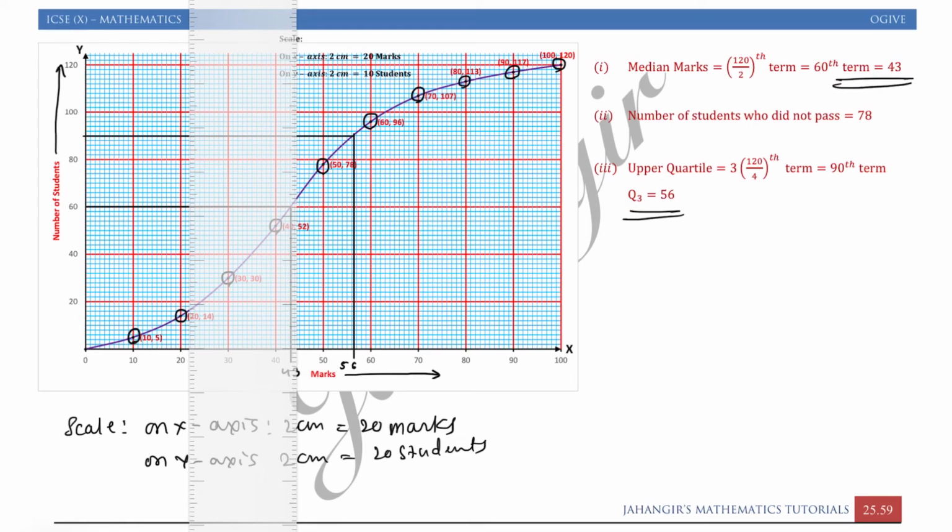Now we have to write the number of students who did not pass if the pass percentage is 50. So at 50 we will mark a horizontal line.